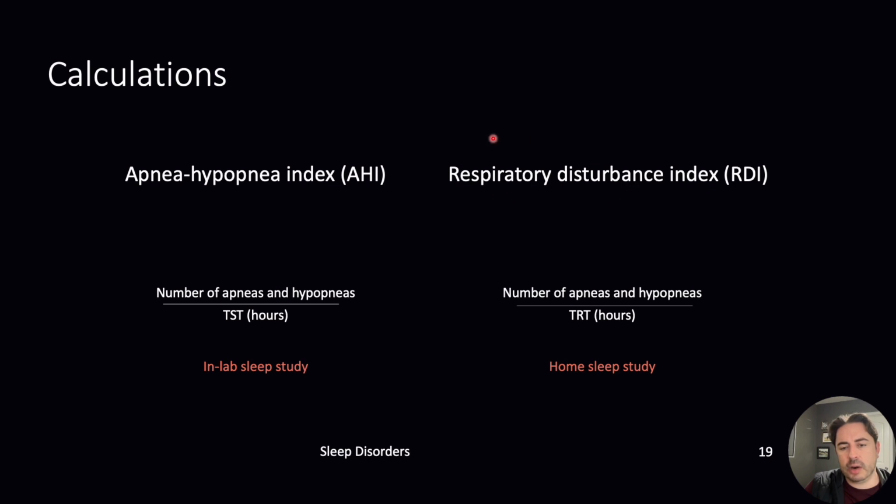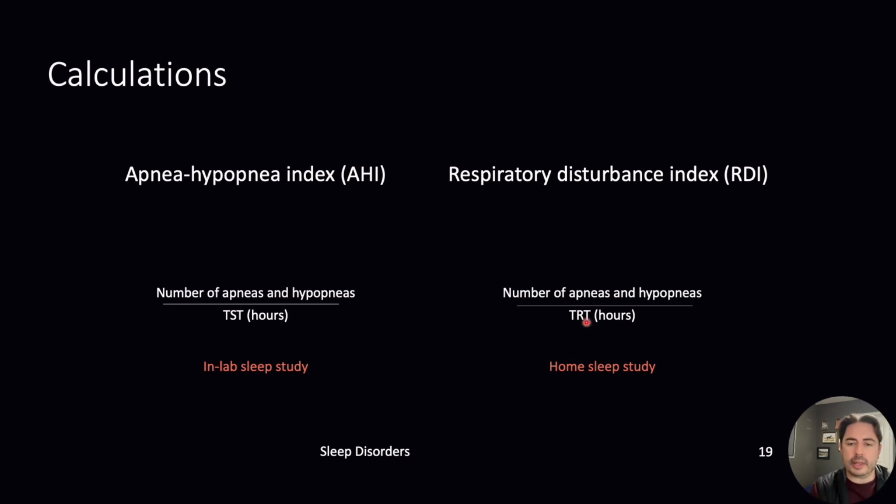And then over here, we're just simply looking at the respiratory disturbance index. Now, the difference is you're still looking at events or epochs. Epoch is another term that we use in the sleep world. But we look at these events here and we compare it to the total sleep time, and you have the same kind of number of events, but we're looking at the total recording hours, or total recording time.